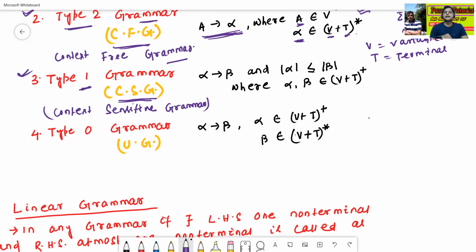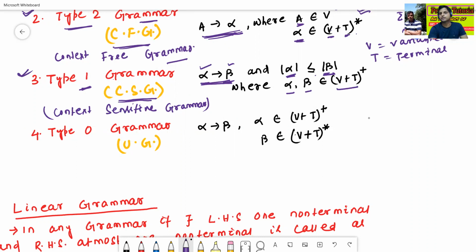What is the meaning of type 1 grammar? If the grammar is in the form alpha to beta, and the condition is that the length of alpha is always less than or equal to the length of beta, this is called type 1 grammar, where alpha and beta belong to (V plus T) whole plus.